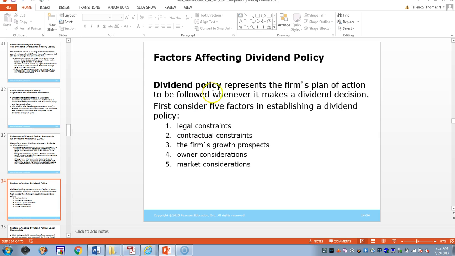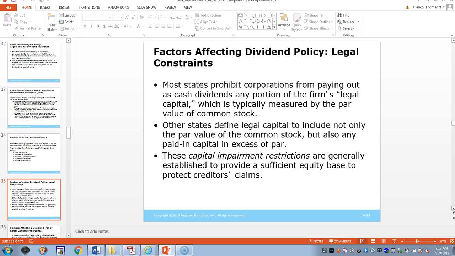All right, so there's a lot of things that affect whether or not a company pays dividends, and this is the big 5: 5 factors in establishing a dividend policy, including legal constraints and market considerations. The board of directors makes a decision based on these 5 whether or not they want to pay a dividend.